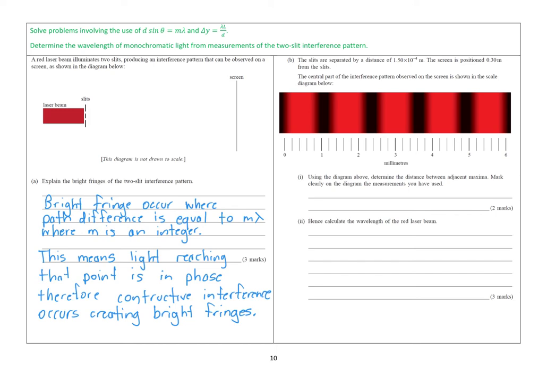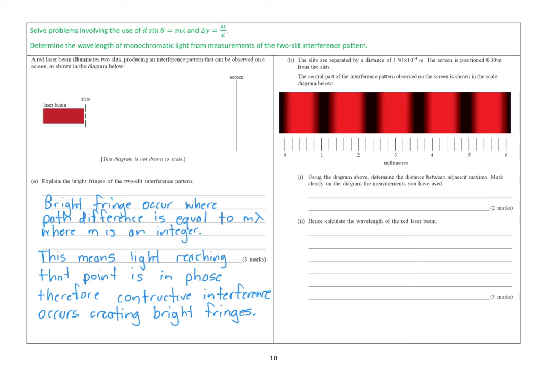So in terms of keywords, I'd be looking for the path difference, I'd be looking for in phase, and I'd be looking for constructive interference. Those are the 3 main concepts that explain that. There's different ways you could do it. You could also, if you wanted, use that space to create a diagram, but I don't think that's absolutely necessary.